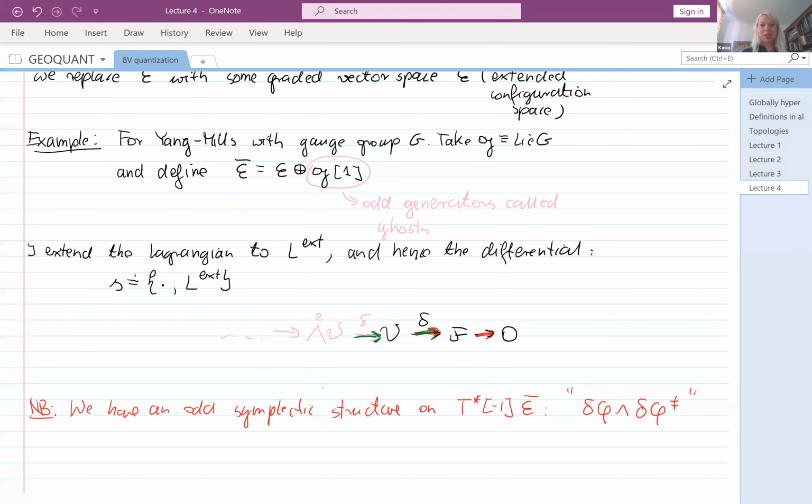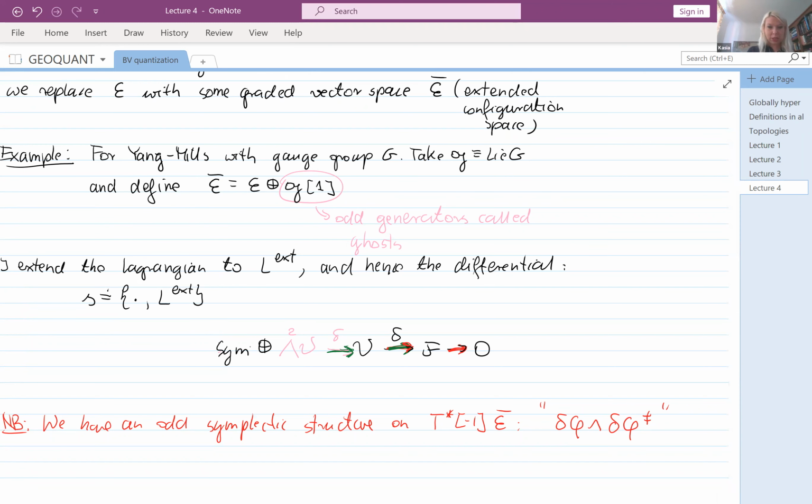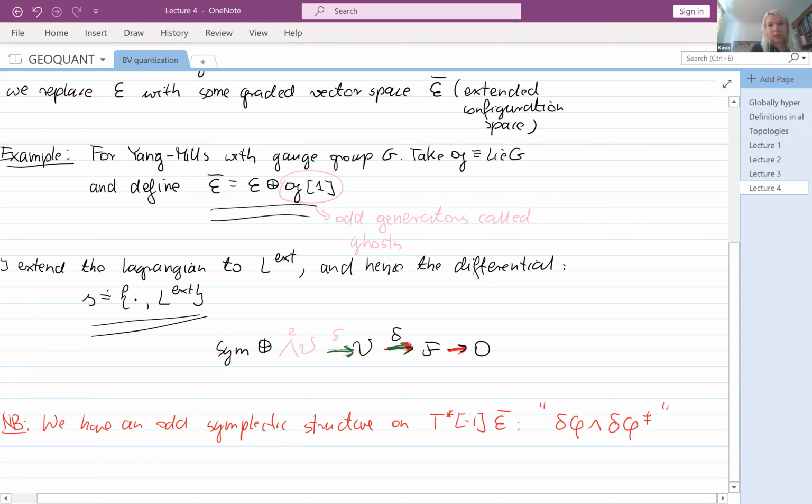So I have to essentially add some generators in degree 2 that are going to kill that cohomology, right? I'm just going to call it sim because these generators come from the symmetries. And adding those generators can actually be encoded in extending that configuration space and extending this differential.